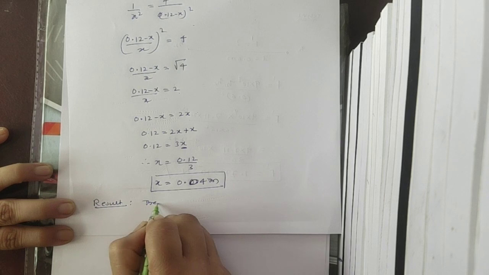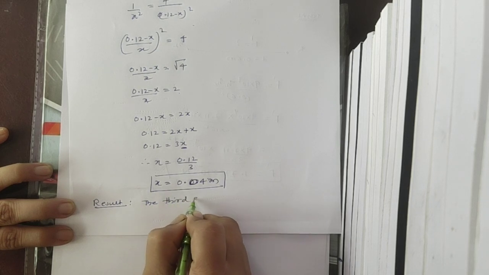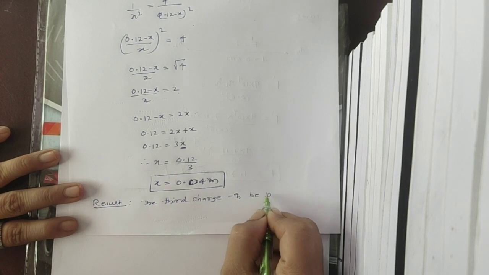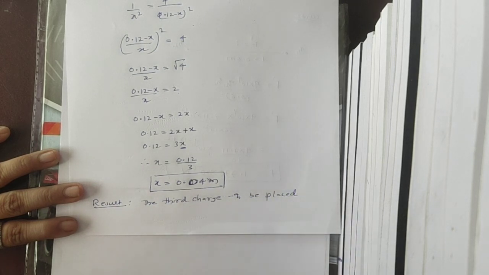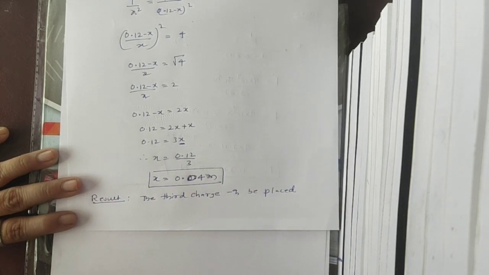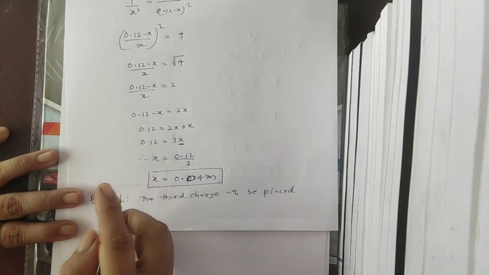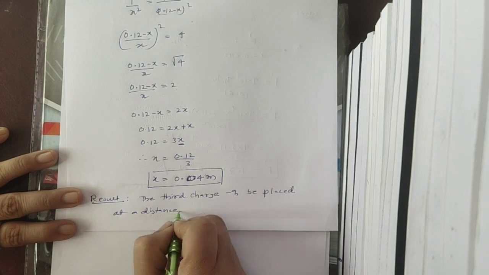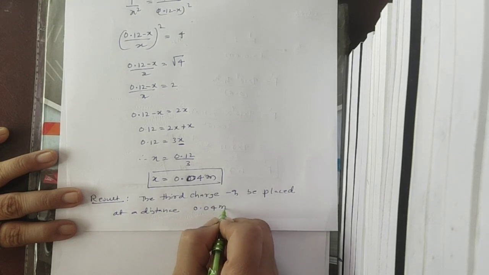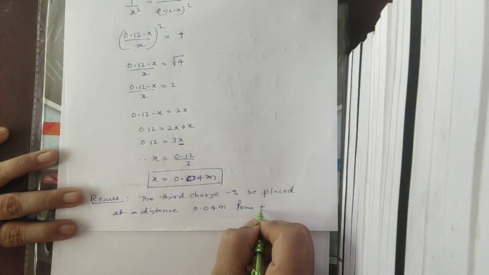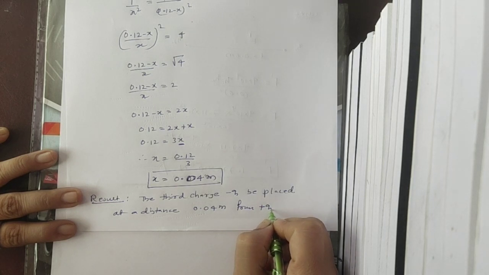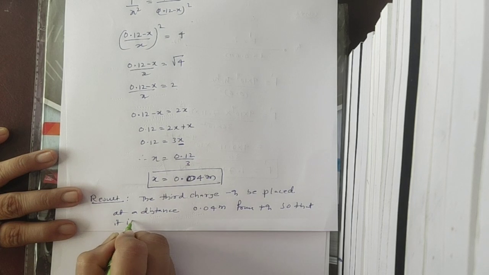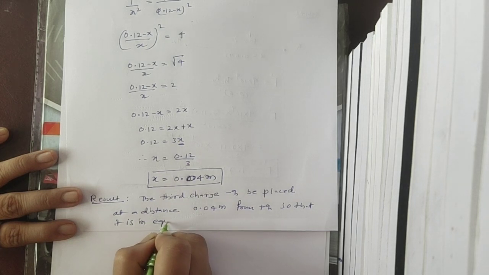The third charge minus q be placed at a distance 0.04 meter from plus q so that it is in equilibrium.